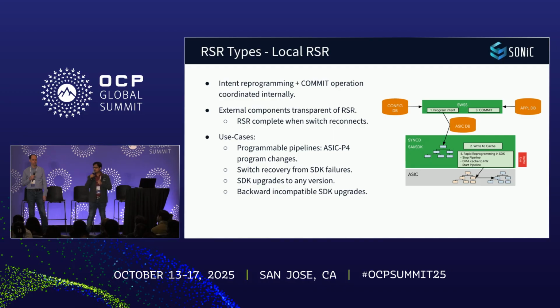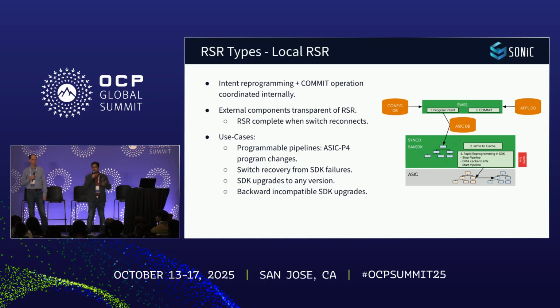So the use cases of this type of RSR are, Jason talked about upgrading the ASIC P4 program. So you don't need to do a cold reboot, just upgrade it through RSR. Another thing that we can do is to recover the switches in case of SDK failures. So if you minimize the amount of checkpointing done by the SDK, you can actually recover from a lot of the SDK failures in both non-NSF and NSF scenarios.